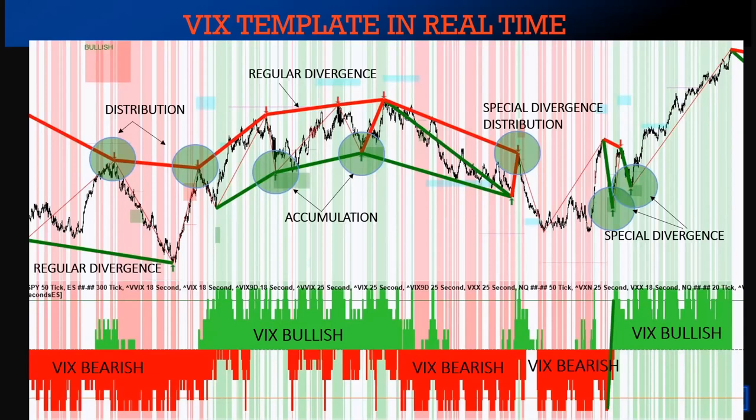Basically, we don't want to trade against our VIX, and that's why I don't have a trading signal up here. These trading signals up here can, however, be used as a reason to exit a trade, but I just don't want to trade against them.